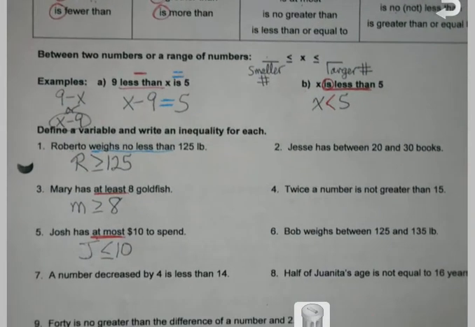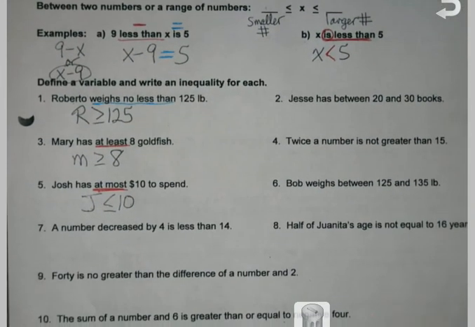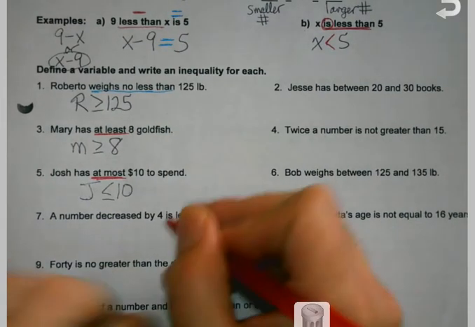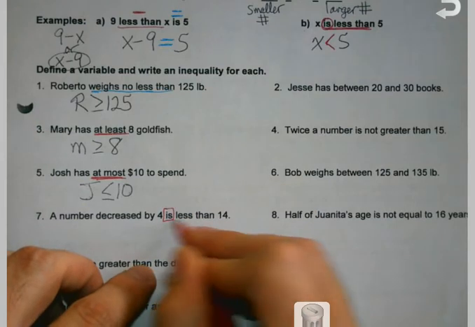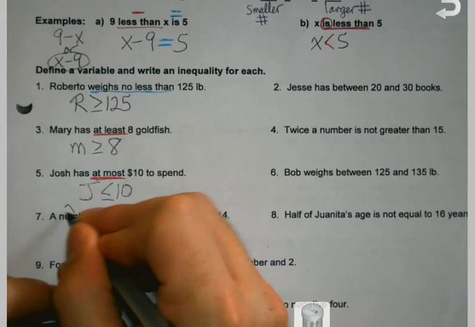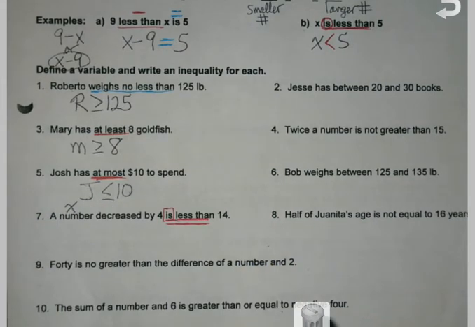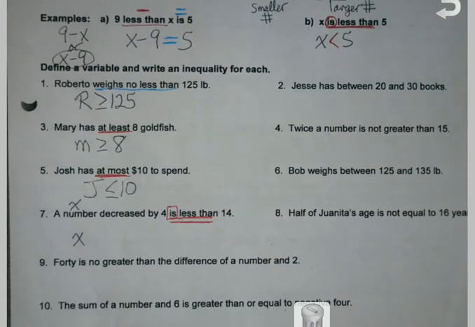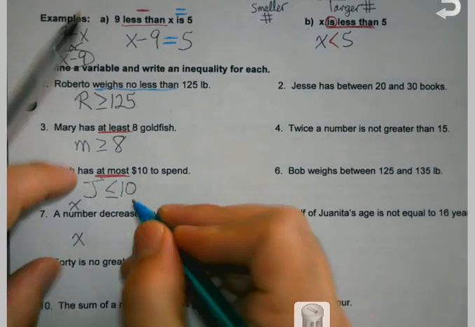Let me bump this up a bit. All right. Here's where the keys start to come in. Here comes that "is" word again. So a number, and we talked before about a number is any variable I want it to be. So I'll just call it X, or if you want to call it some other letter, you can. So a number, what's decreased mean? Minus.